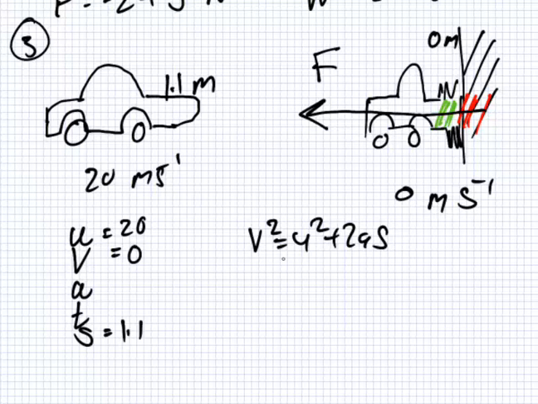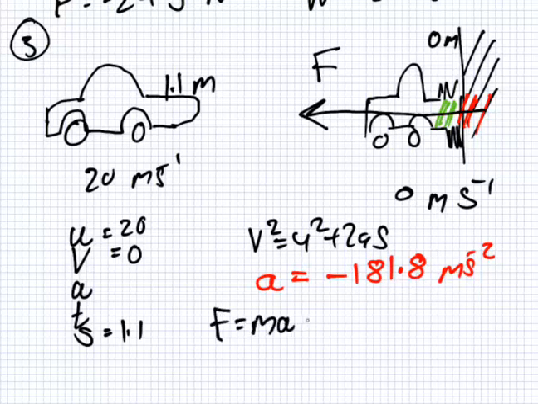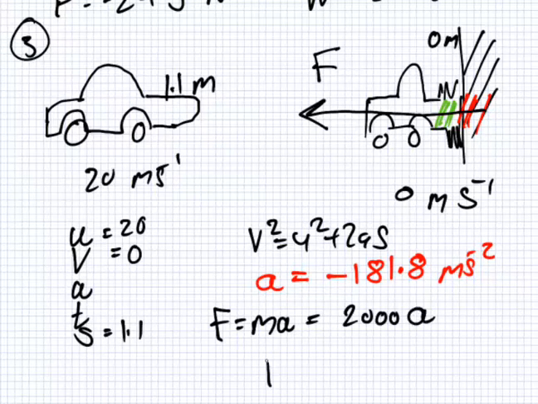The question says the car hits the wall at 20 meters per second. So what happens here, if you look, is it U or V? That's U. So the car's going at 20. Look, this is the front of the car. It's not hit the wall. Watch. It's going at 20, 20, 20, 20, 20, and then it hits the wall, and when it hits the wall, it slows down.